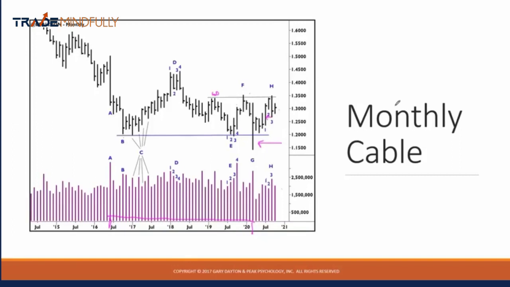So this suggests that we want to go down a little bit lower and test again, though we would want to look at the lower time frames, the weekly and the daily, to get a better handle on this. This gives us our rough idea, and we get a more refined idea from the lower time frames.